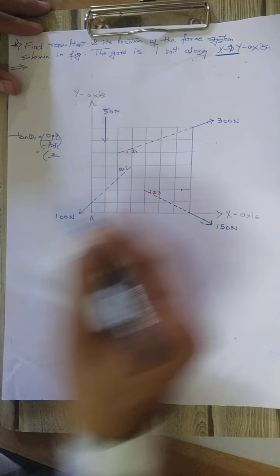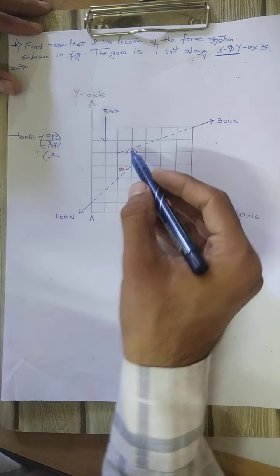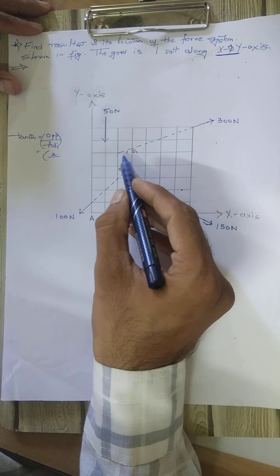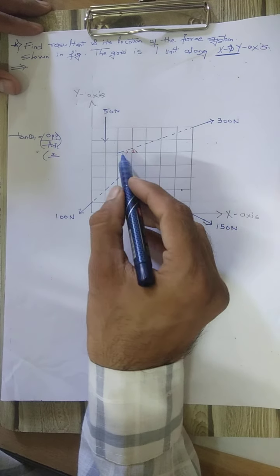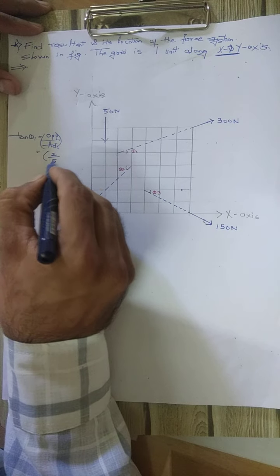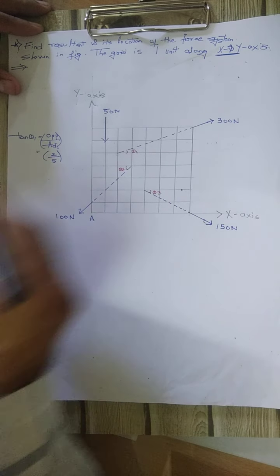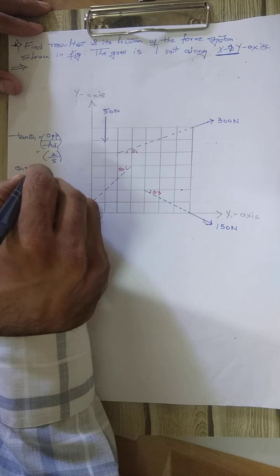The adjacent side, with the 90 degree corner and the dotted line as the hypotenuse, is this horizontal x direction: 1, 2, 3, 4, 5, so it is 5 meters. So theta 1 equals tan inverse of 2 by 5.